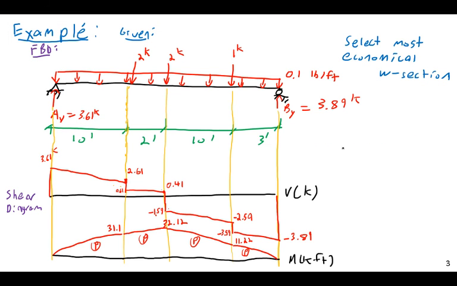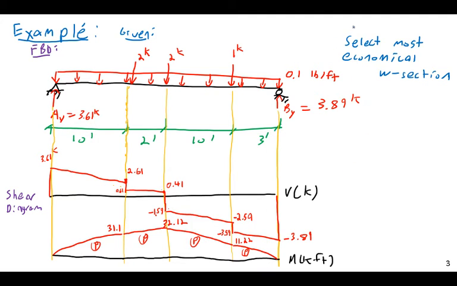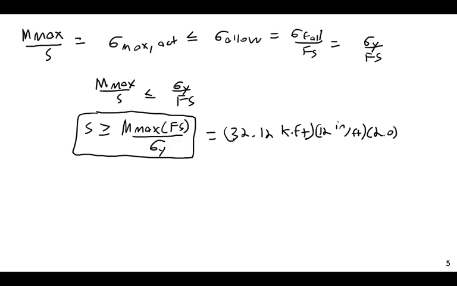Let me put that in the problem statement, because you would have needed to be given that. Select the most economical W section, and then factor of safety. Let's be very conservative. Let's say 2.0, and let's say the yield stress is 36 KSI. Maybe this is good old-fashioned A36 steel.